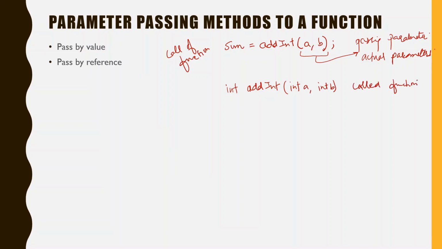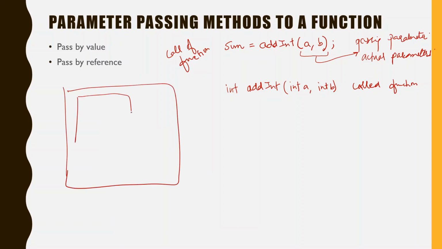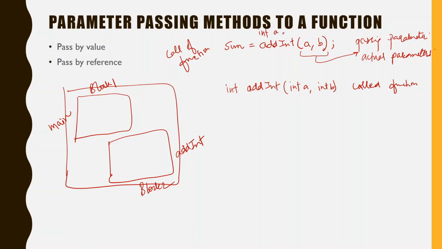In the memory you have block 1 and block 2. Block 1 is related to main and block 2 is related to add, suppose. When integers a, b and sum were declared inside main, they are created over here: sum, a and b.